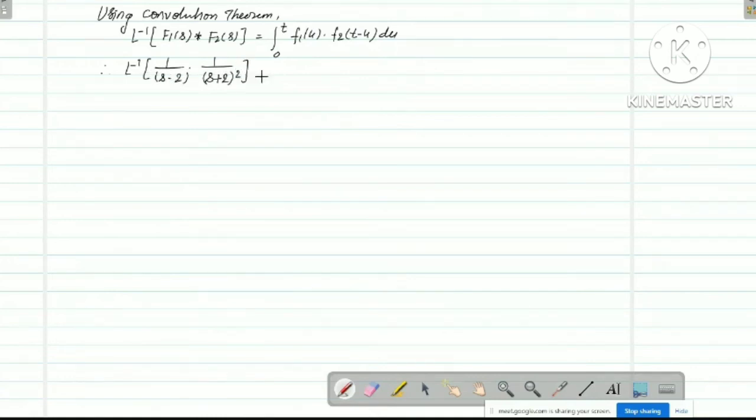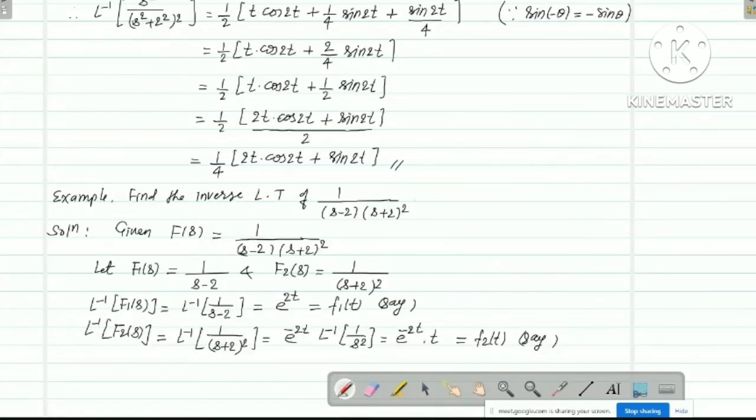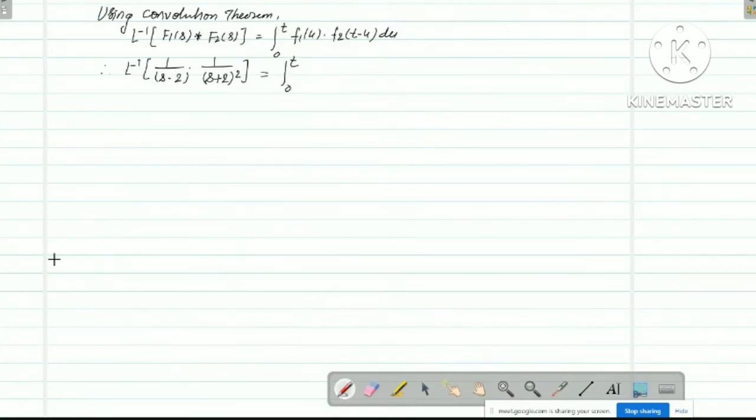So this is equal to the integration with limits 0 to t of f1(u), which we found: the function f1(t) is e raised to 2t, just replace t by u, so this becomes e raised to 2u, into f2(t minus u).